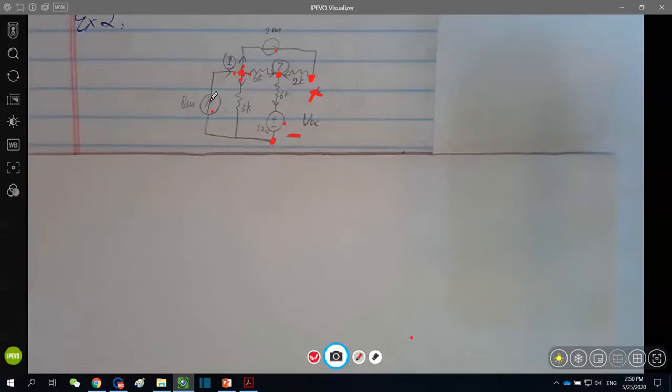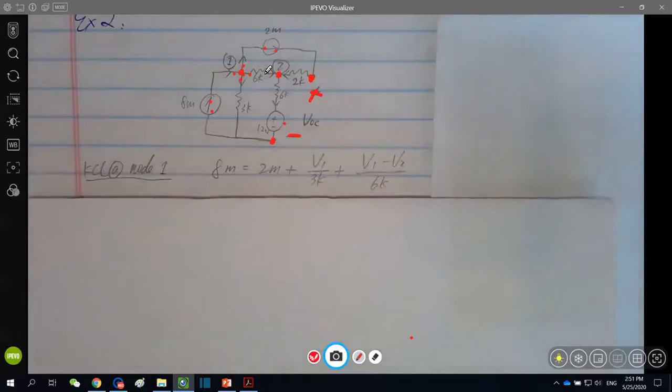I like them very much. So 8 milli and 2 milli, with current directions going in and out respectively. The rest of the 2 currents are here and here. Feel free to define any current direction, but I'm defining the current here as downwards, the current here as towards the right.